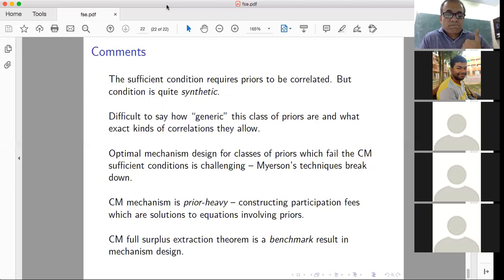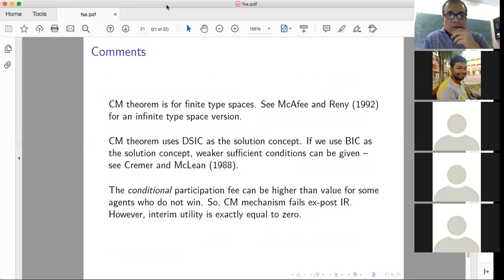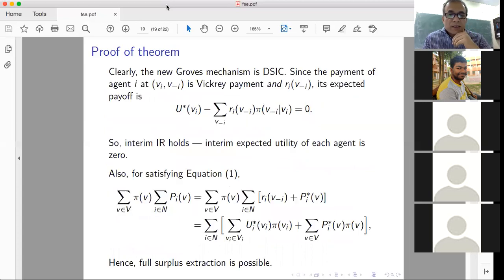Sir, are there any results giving the class of types that have the same optimal participation fee? Same optimal participation fee? Yes, for a certain class of types, will we get the same optimal participation fee? No. So you're saying that this may not be unique, and you want to characterize the entire solution set? Yeah, kind of.